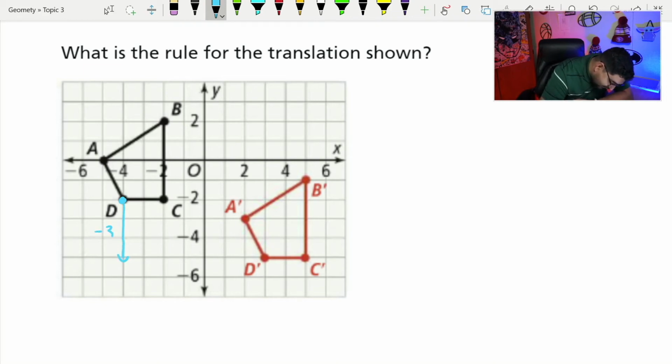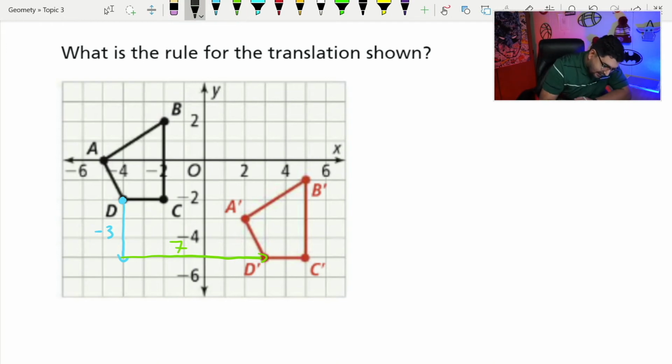So remember the direction of downward, that's a negative direction. So they went down 3, so that's a -3. And they went to the right 1, 2, 3, 4, 5, 6, 7 spaces. Going to the right is a positive direction, so we keep that 7 positive.